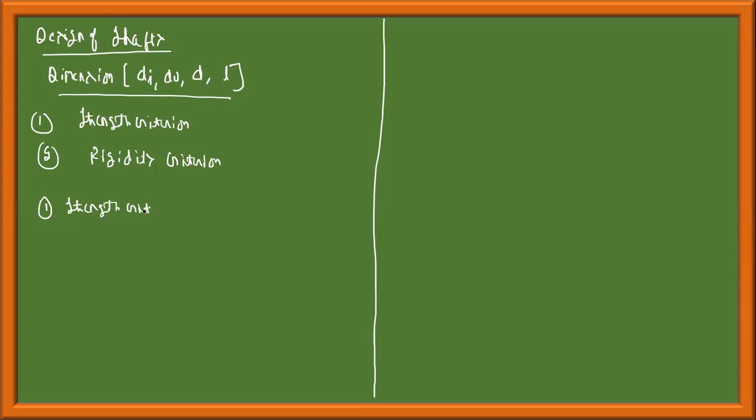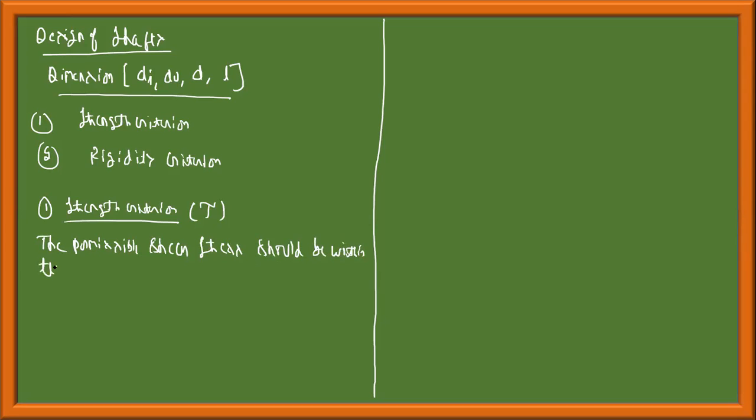Okay. Strength criteria. What is strength? Strength in the sense shear strength. It is nothing but shear strength tau. How to design now? According to strength criteria, the permissible shear stress should be within the limit.